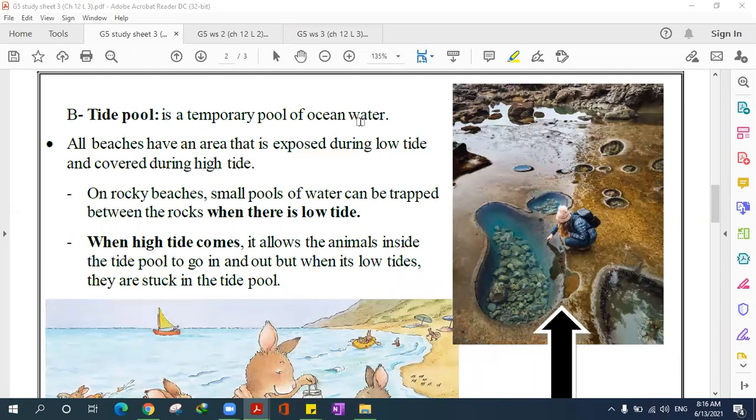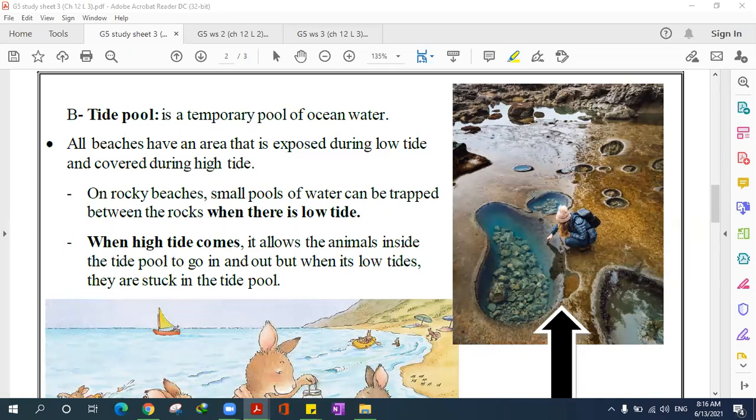The tide pools are always there, but when high tide comes, all the tide pools are covered with water. During this period, animals that live in those tide pools can go back to the ocean. Some animals can actually spend their whole life living in the tide pool.